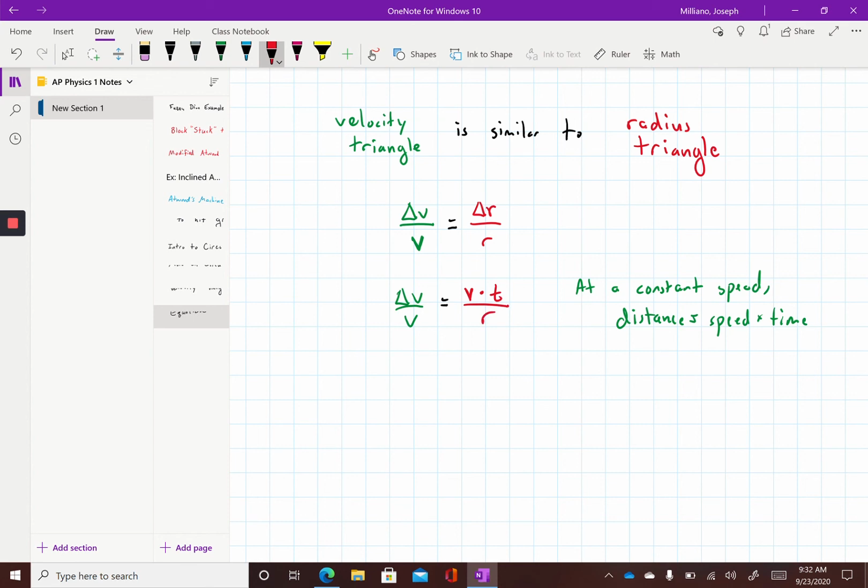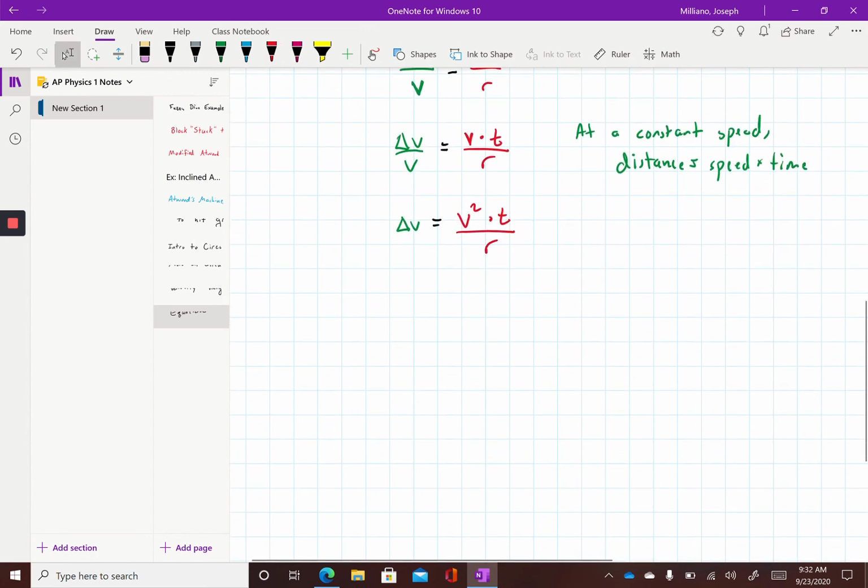There we go. We're back on track now. I'm going to multiply this v over to the other side. And what we get is that the change in velocity is equal to speed squared times time over the radius. And now I'm going to divide the time over to the other side. And what we have is the change in velocity over time. That must be equal to the speed squared over the radius.